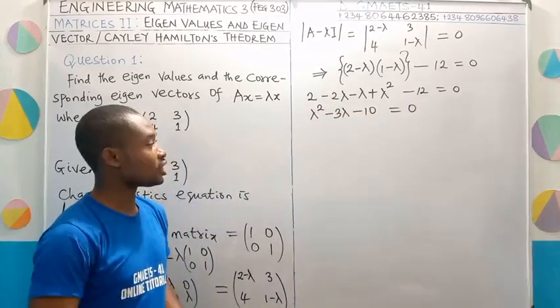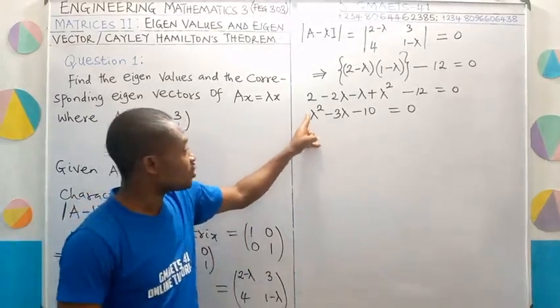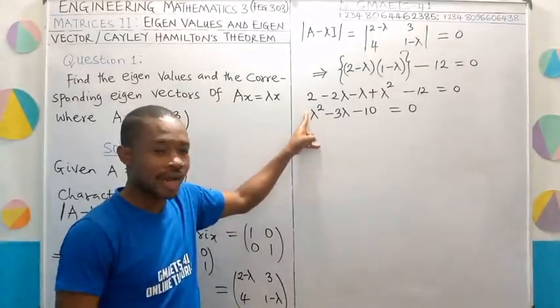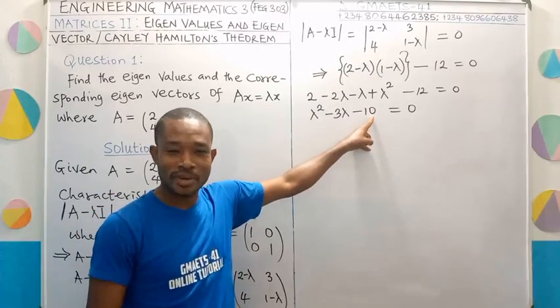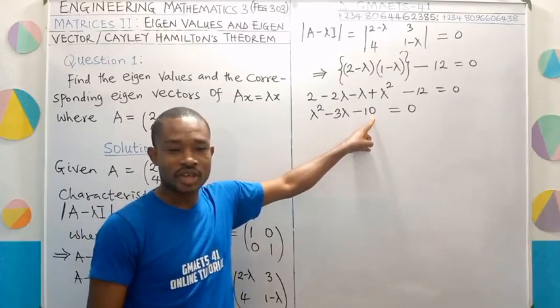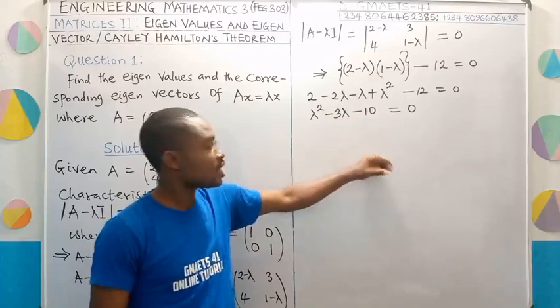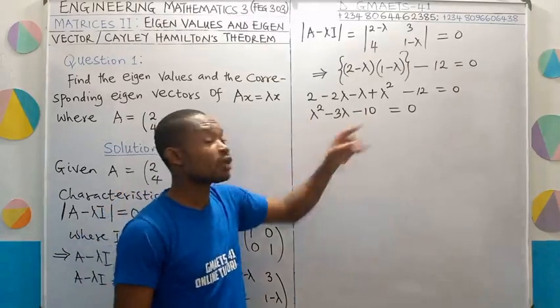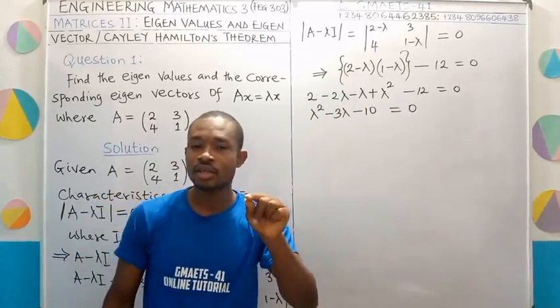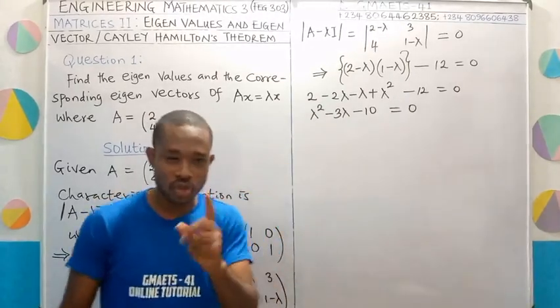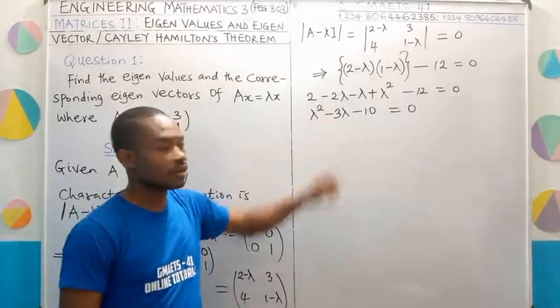Let us factorize this equation quickly. First, use the coefficient of lambda squared to multiply the constant term. That's how you approach factorizing a given quadratic expression or quadratic equation. Is that okay? Now, this is 1. 1 times minus 10 will give us minus 10. Then you find 2 numbers which are factors of minus 10, such that if you add these 2 factors, it will give you minus 3.